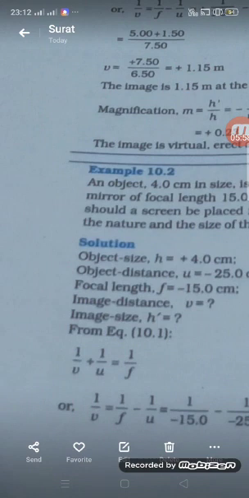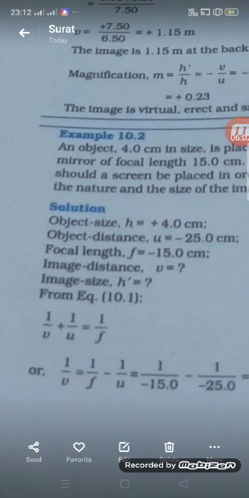Students, if you don't know how to solve the numerical, at least write whatever is given, because that data contains 1 mark. If it is a 3 marks numerical, 1 mark is for the data given in the question, half a mark for the formula you apply, and the rest 1.5 marks is for your calculation.